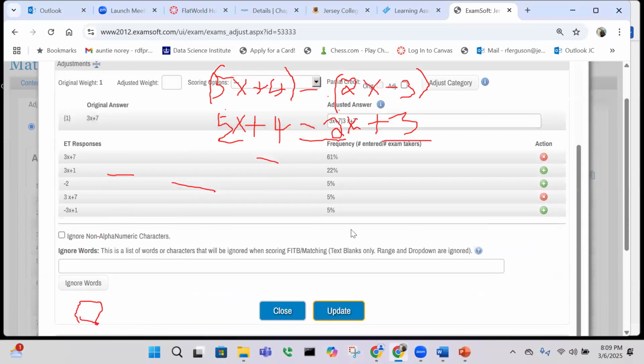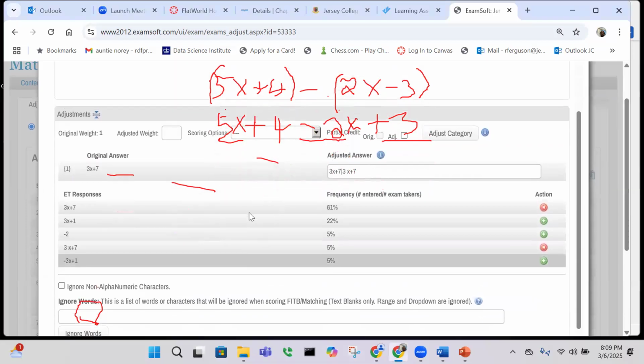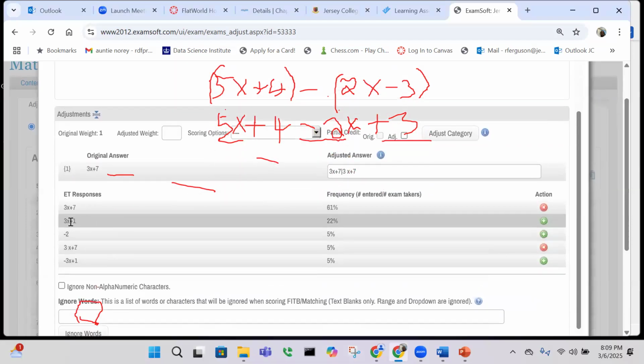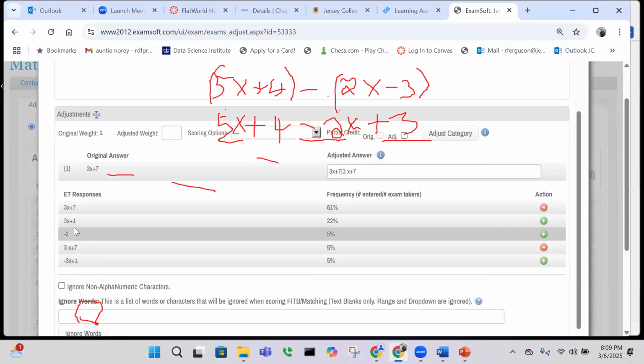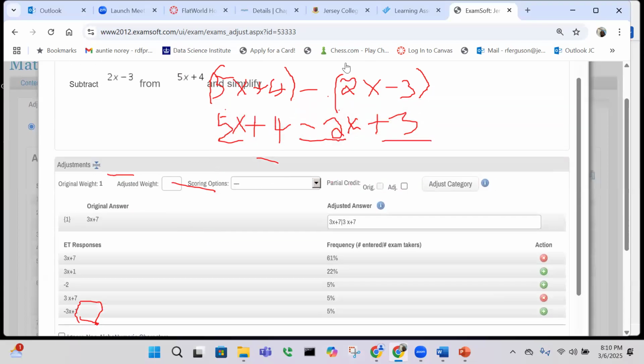I think that's it. The one with 3x plus 1, you got caught by not putting the parentheses. If you don't put the parentheses, it's going to look like that, and they're going to say 4 minus 3. 4 minus 3 is a plus 1, but it's not correct.